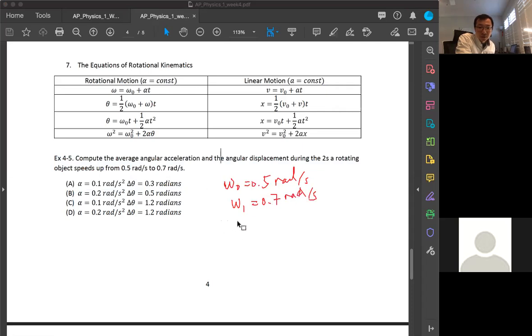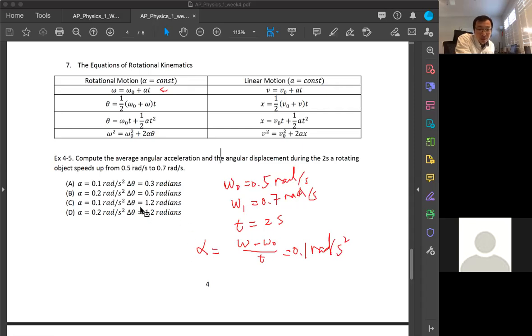The duration is 2 seconds. So first, alpha, we can use this formula directly: alpha is omega minus omega naught over t. Very basic, 0.1 radian per second squared.